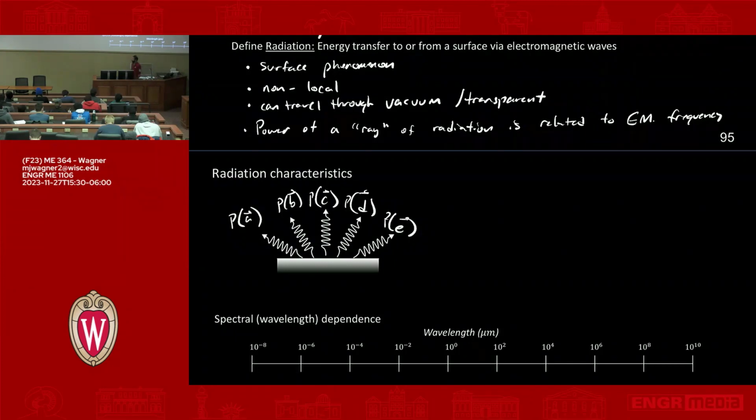You can't read that, but I've just drawn the probability of each of them. If it turns out that the probability that A is the direction is equal to the probability that B is the direction, and so on, then we have what's called a diffuse surface.